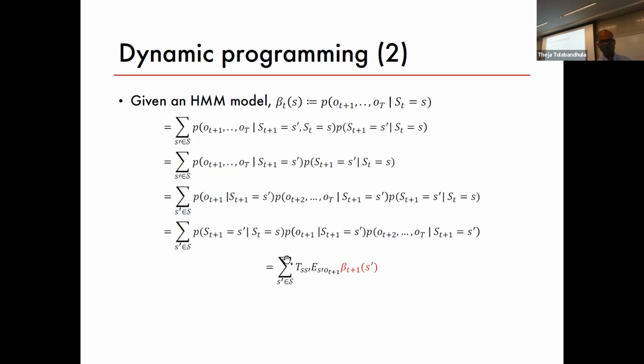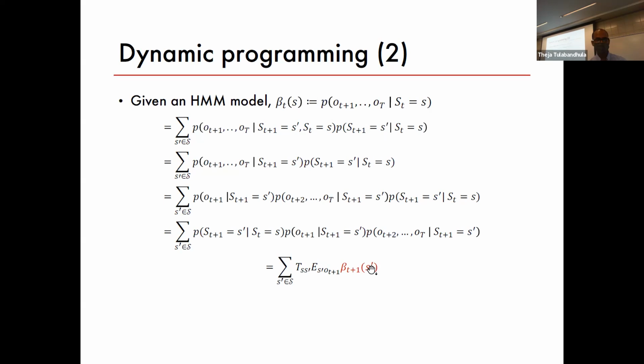That beta t is related to a summation over the next state, so you're going from little s to little s prime. There's a transition probability value, times the emission probability value of, hey, at s prime, if I want to emit ot plus 1, there is some probability value, that's the second term, times beta t plus 1 of s prime.